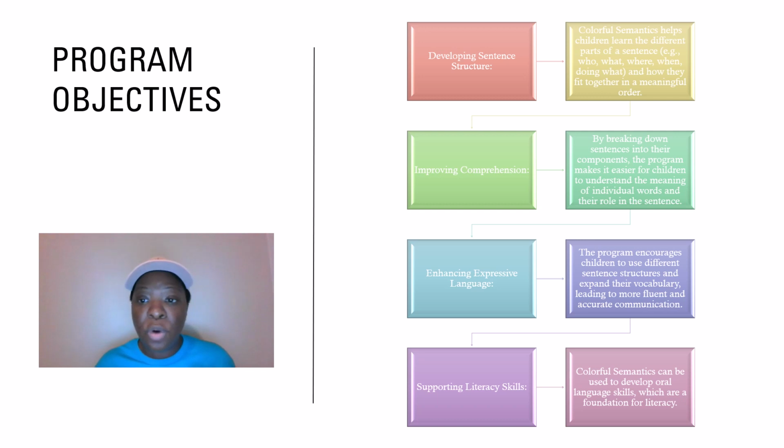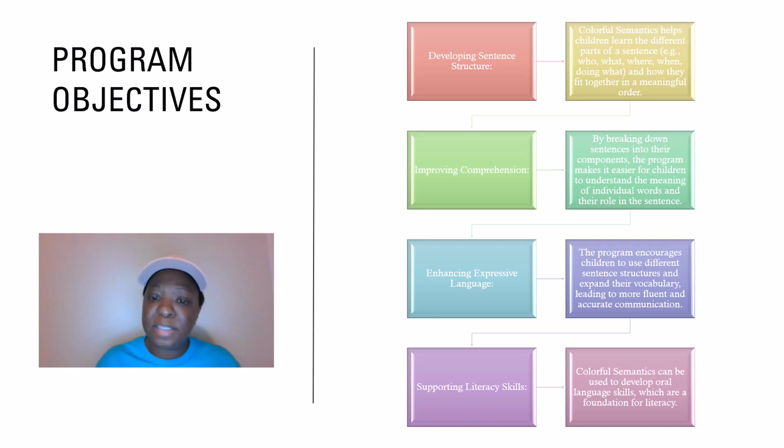So we don't want to begin having the children practice rote memorization because we want them to understand the meaning of particular words and how they can be used in different contexts.